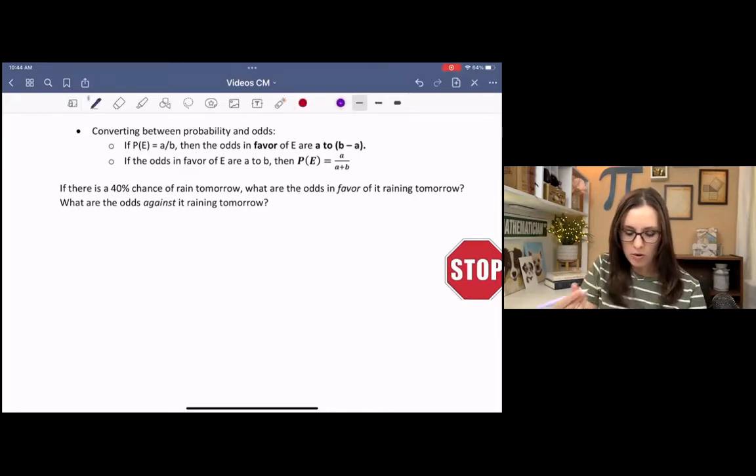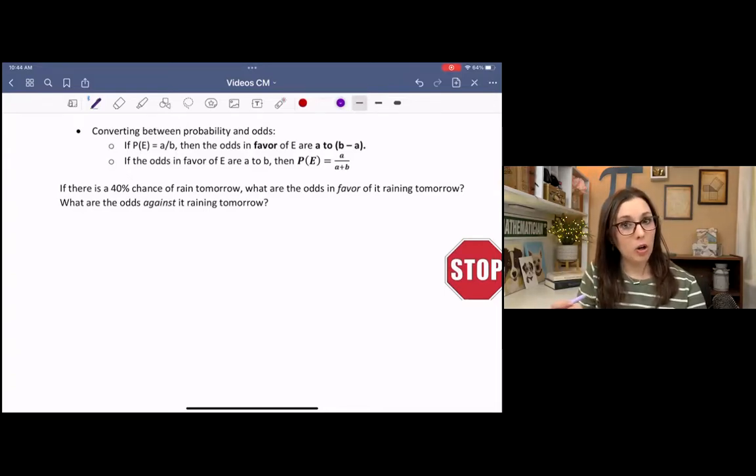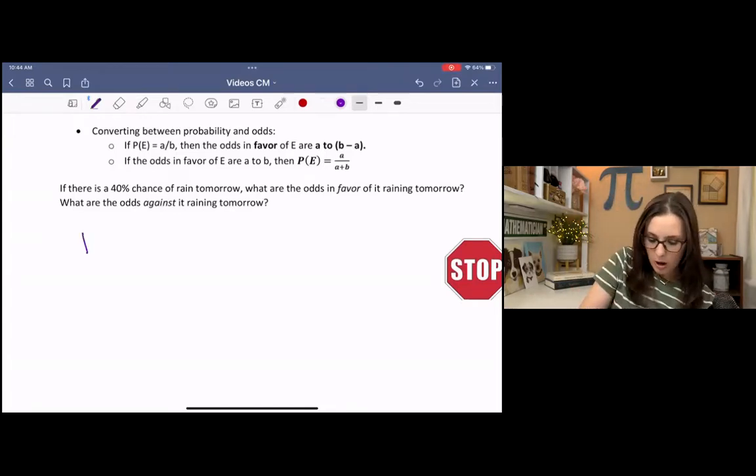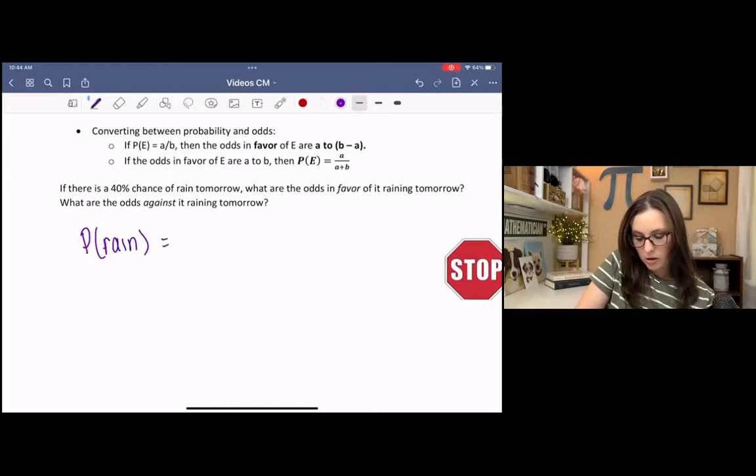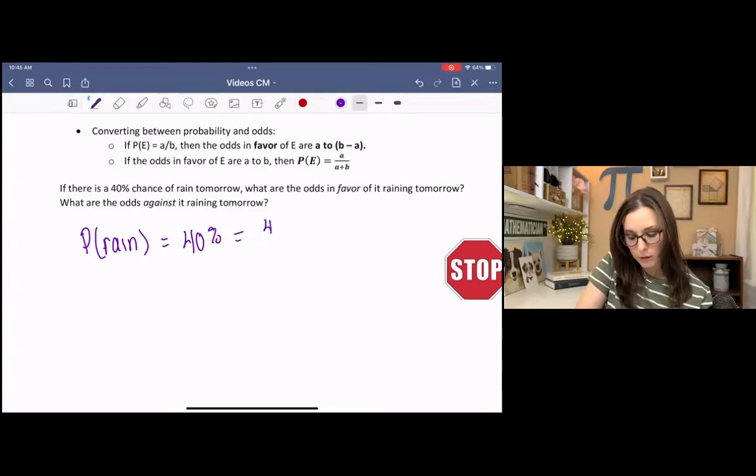So we do know that there's a 40% chance of rain tomorrow. So the probability of rain is 40%, which if we convert that to a fraction, that's 40 over 100.